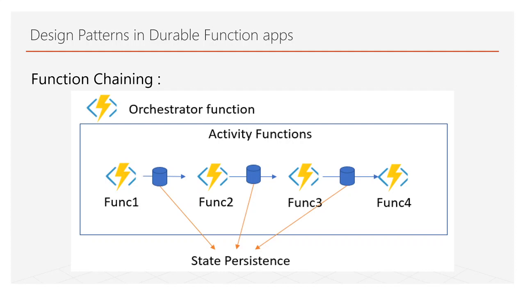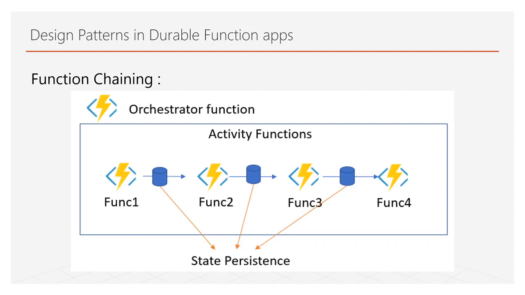In this entire demo we will be discussing function chaining. Now how exactly does function chaining work? The orchestrator function will be the responsible function to invoke all the activity functions. Once the orchestrator function calls activity 1, activity 1 will go and end its own task.